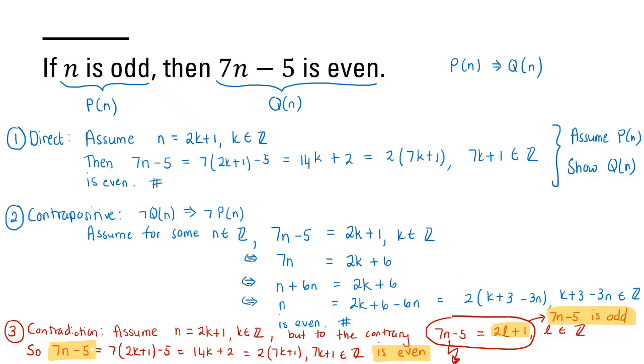Just to compare again the different forms of proof that we used here. For the direct proof, we assumed P of n and we showed Q of n. For the contrapositive, what did we do?